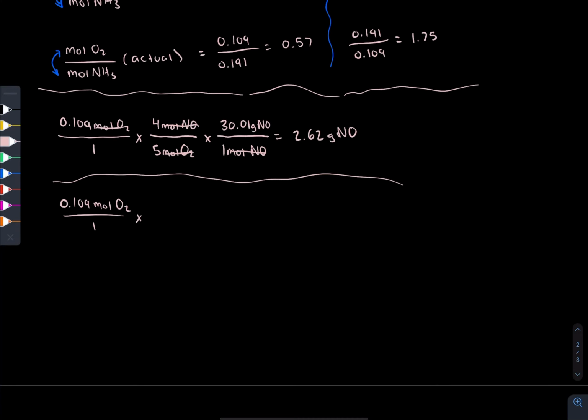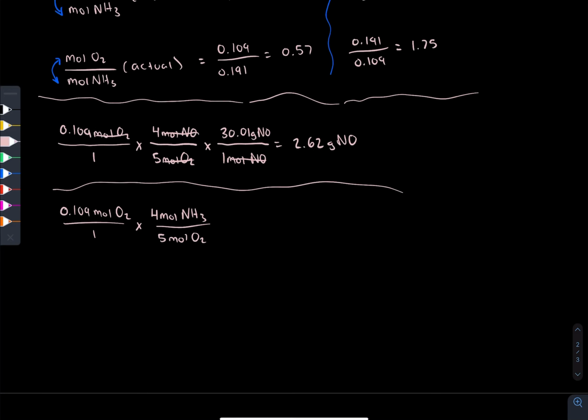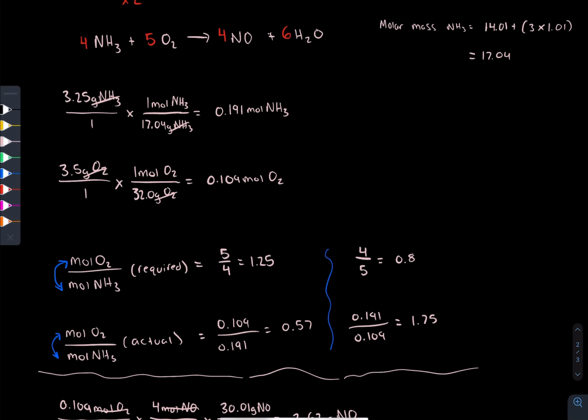So we're going to multiply this by our 4 moles of NH3, and we're going to divide it by our 5 moles of O2. And if you're wondering where I got those numbers, I'm just looking back at the balanced chemical equation.